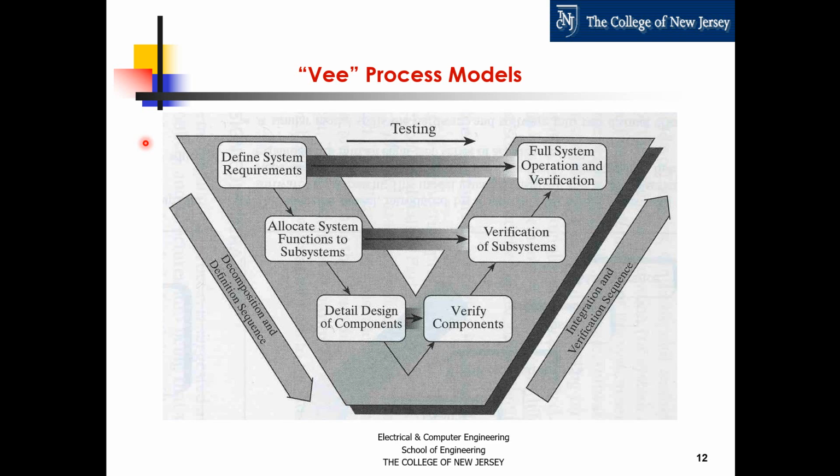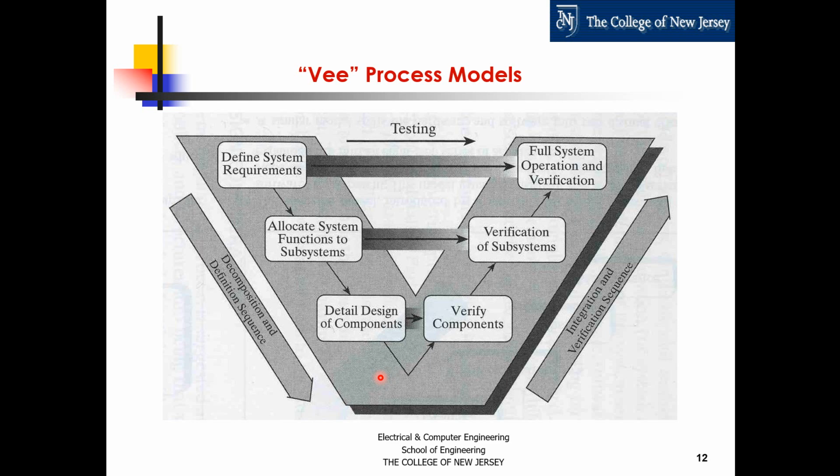So that is depicted on this left-hand side of the V: defining system requirements, allocating system functions to subsystems, detailed design of components. So you have all your design done and specified and executed.